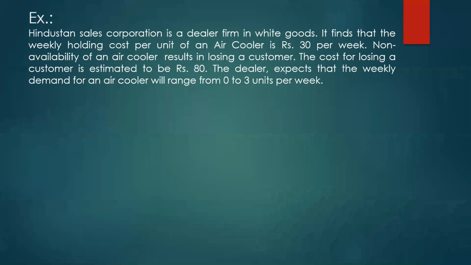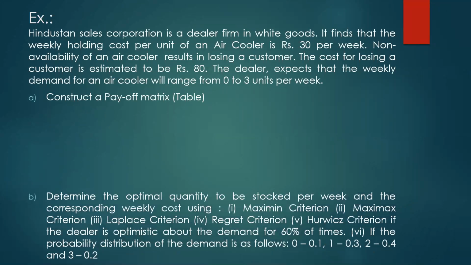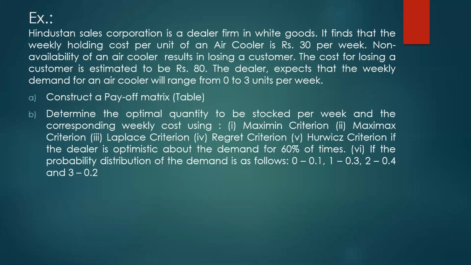Now, the dealer expects that the weekly demand for an air cooler will range from 0 to 3 units per week. We are supposed to construct a payoff matrix, or you can call it a payoff table, and determine the optimal quantity to be stocked per week and the corresponding weekly cost using the different techniques.